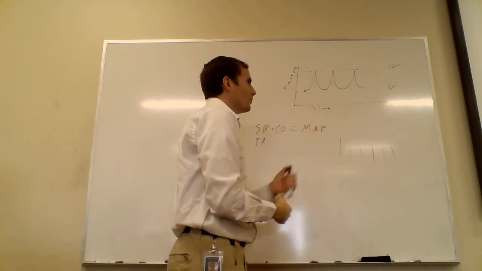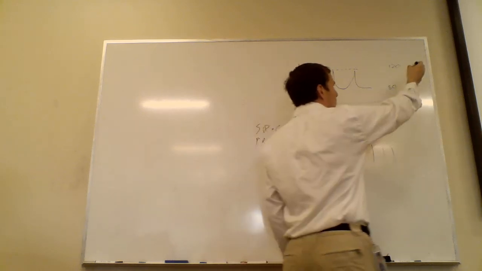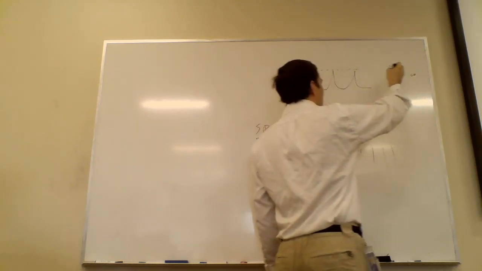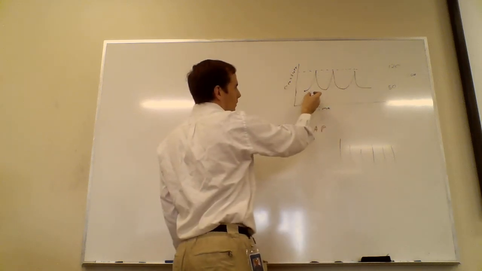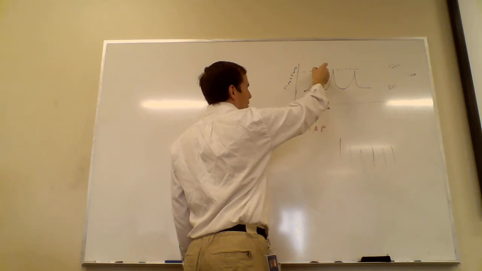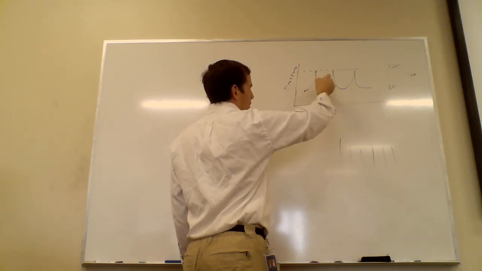Now, if you took 120 plus 80 and averaged the two, those would equal 100, right? Well, we can't quite do that because it's only at the high of 120 for a very short amount of time. But it's at the lower areas for longer.